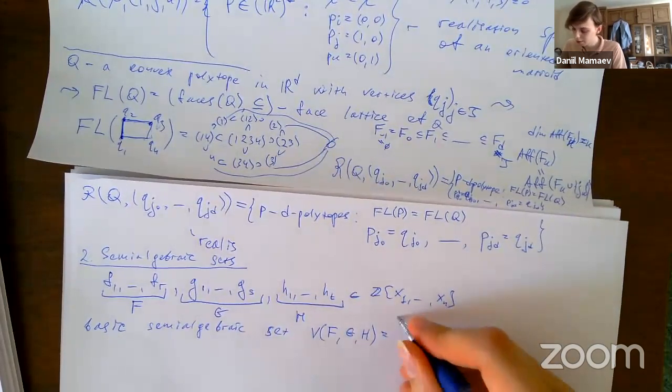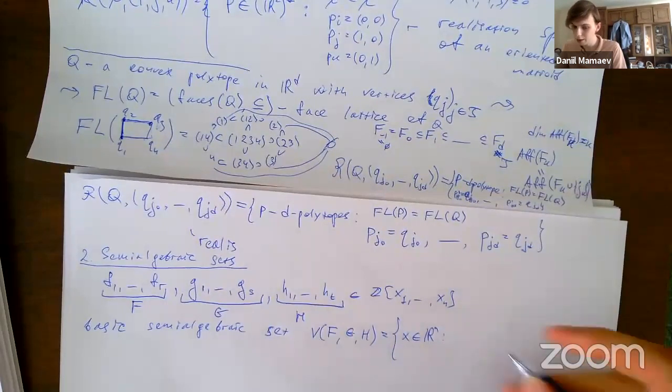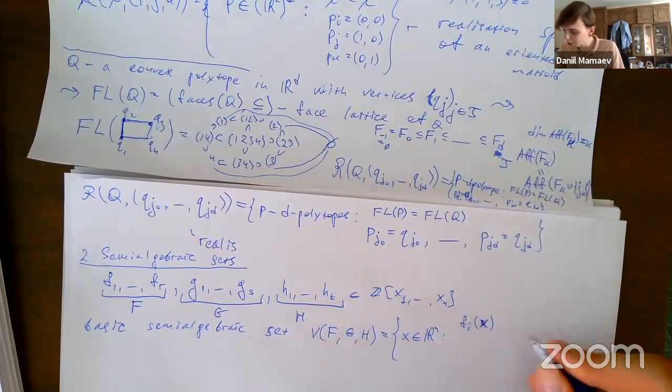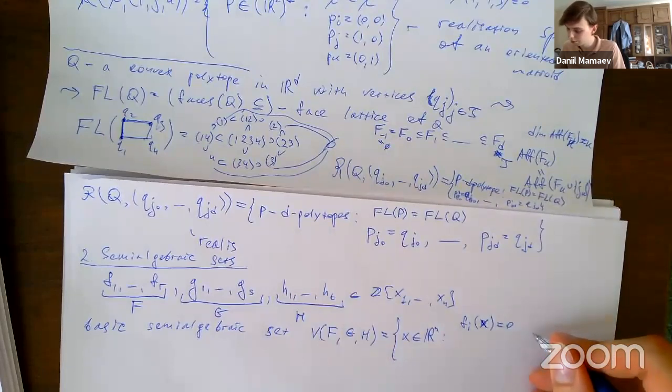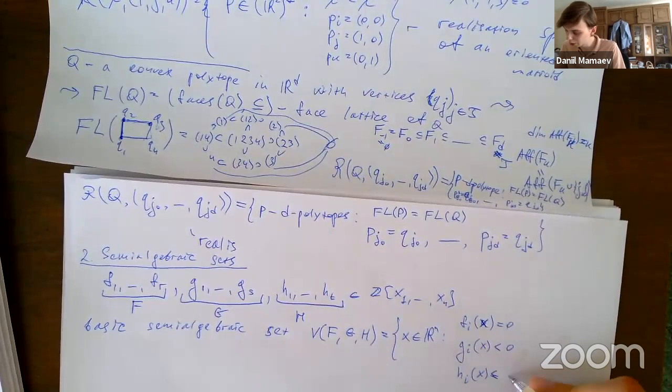is just a set of all points in R^n such that for the polynomials from the first family, the values of these polynomials are equal to 0. For the polynomials from the second family, they are less than 0. And for polynomials in the third family, they are no more than 0.